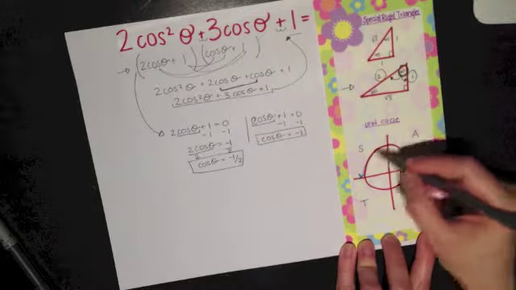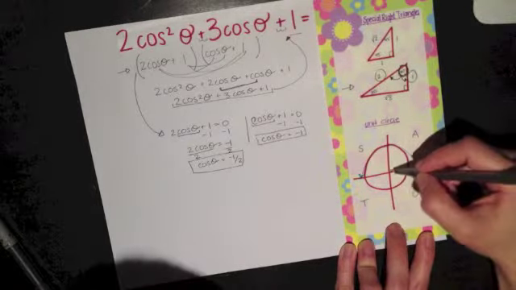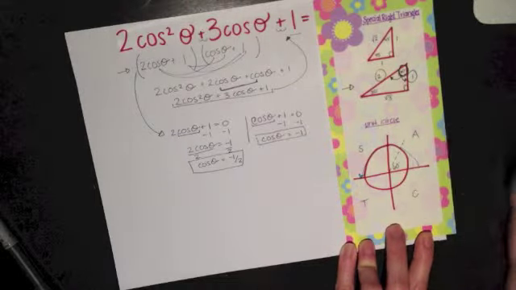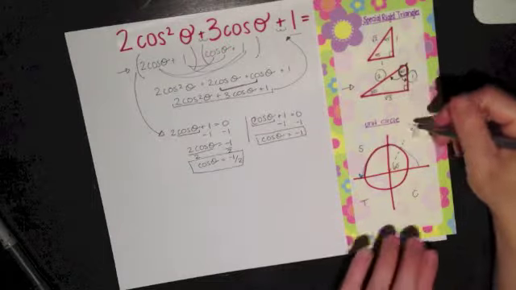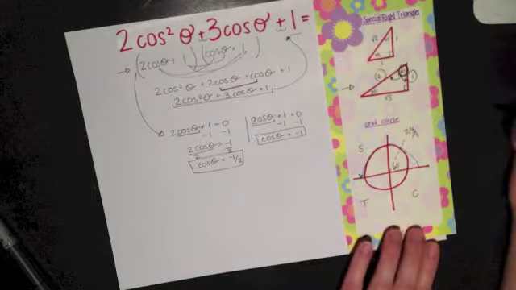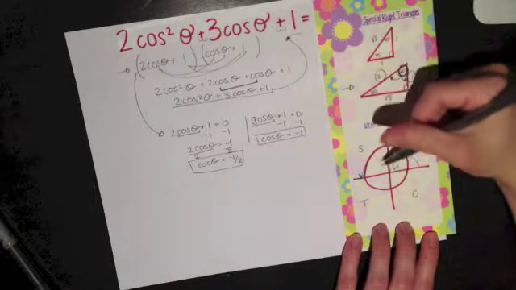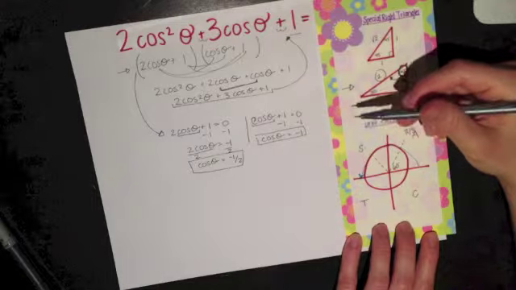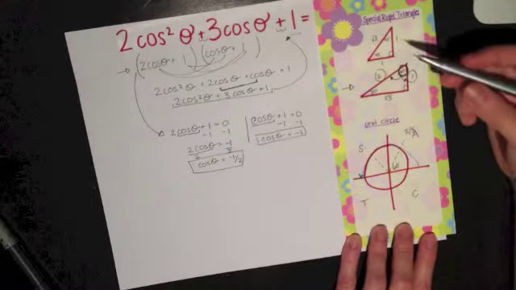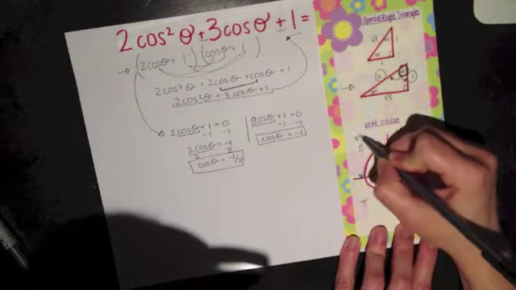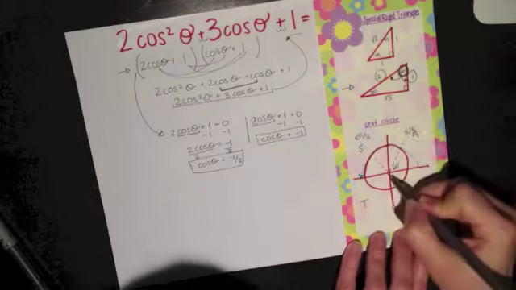So now we go to the unit circle and we put 60 degrees here, which is pi over 3. Now we go to this side and we say pi over 3. No, this is 2 pi over 3.